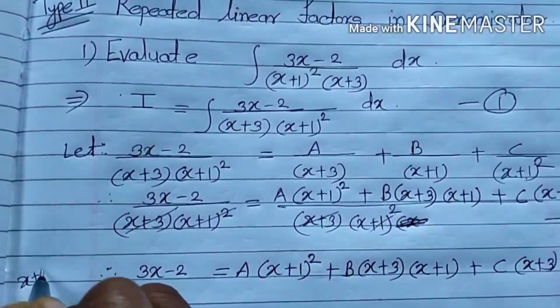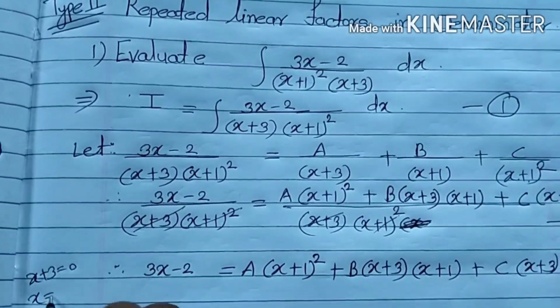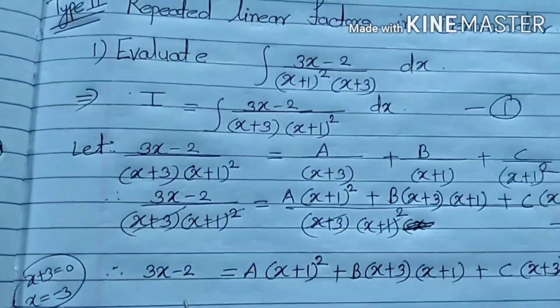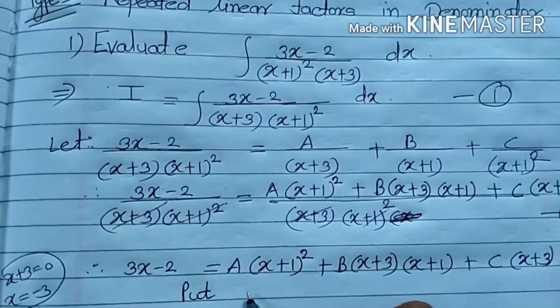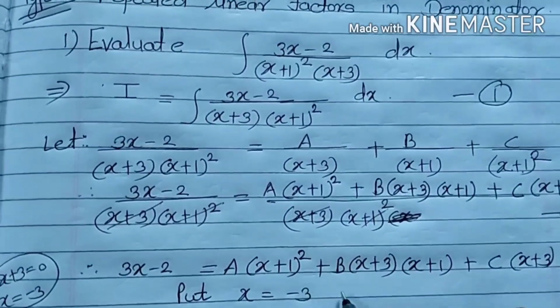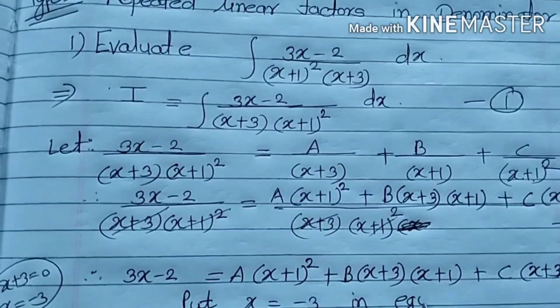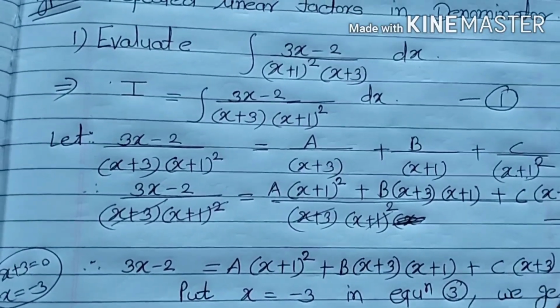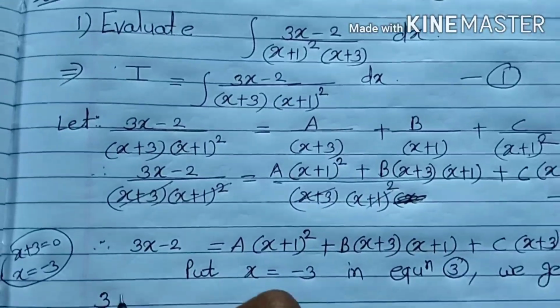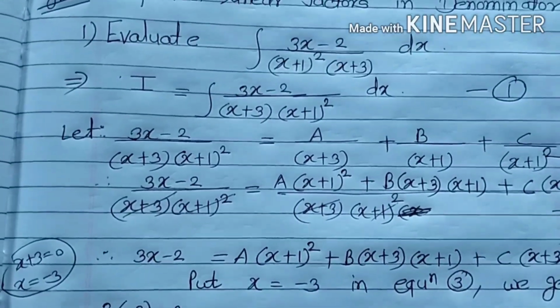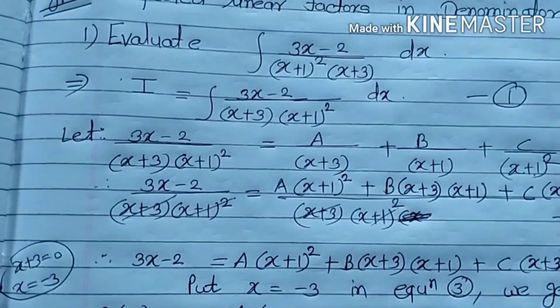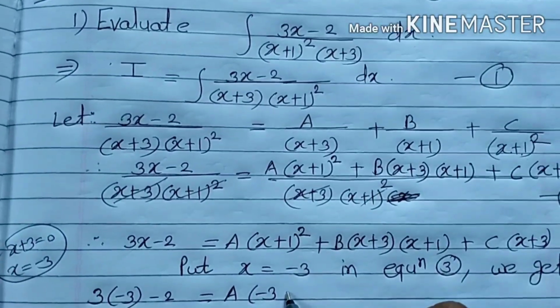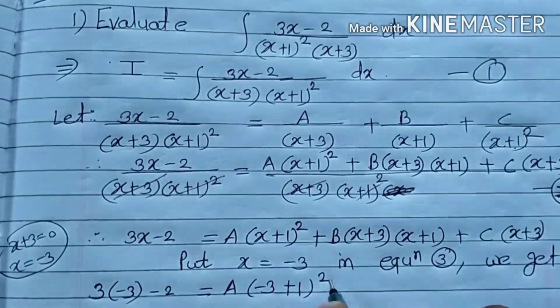Now here, first factor x plus 3. So when we take x plus 3 equal to 0, then we get x equal to minus 3. Put x equal to minus 3 in equation third. We get 3 into minus 3 minus 2 is equal to a into minus 3 plus 1 whole square.